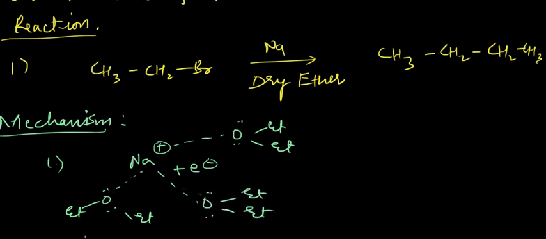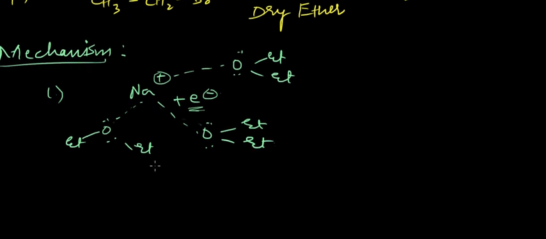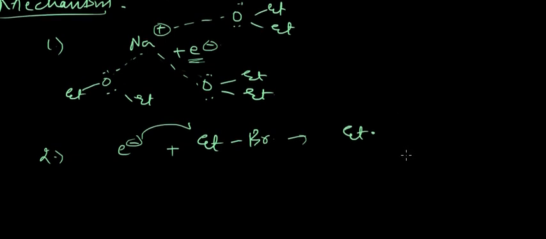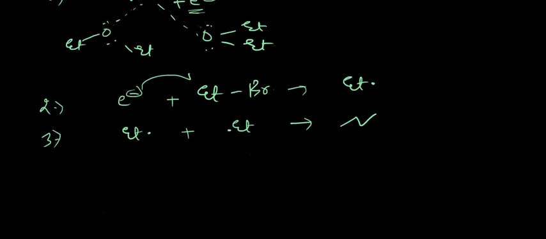Okay, so this is how sodium would be placed in dry ether. What would happen is the released electron will attack the ethyl bromide, giving a bromide and an ethyl free radical. Now these two ethyl free radicals combine with each other to form butane. Okay, hence we get our product as butane.